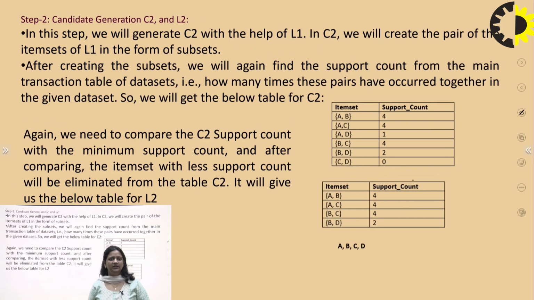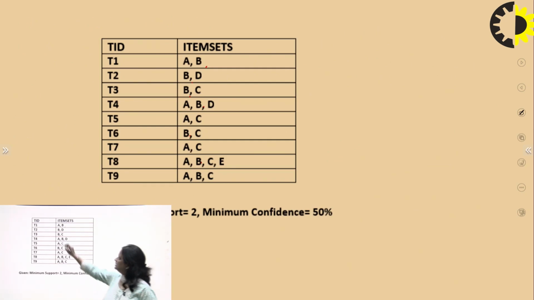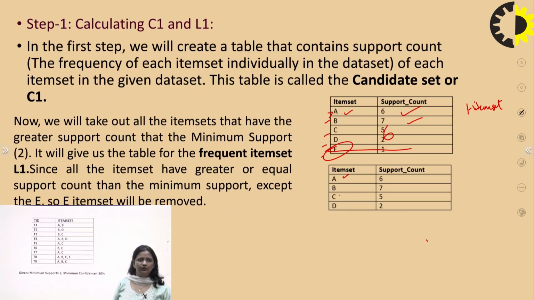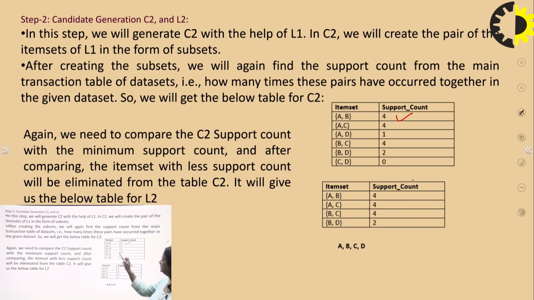So the support count for AB is 4. For AC, where there is an A but no C, we do not count this. AC 1, AC 2, AC 3, AC 4. So the support count for A and C is 4. We calculate the support count for the others in the same way.